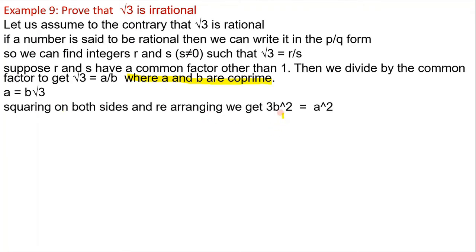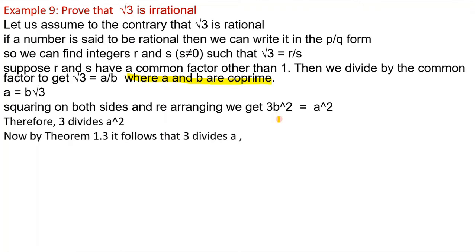So, from theorem 1.3, if a square is divided by a prime number p, then a can also be divided by that prime number p. Here, 3 is dividing a square, hence 3 also divides a, and 3 is one of the factors of a.